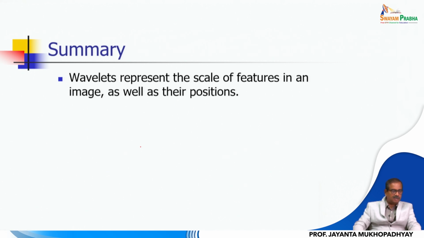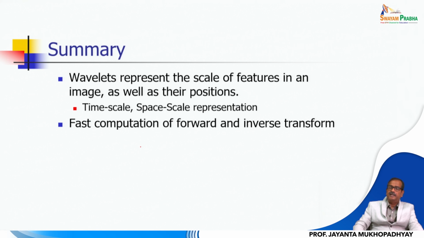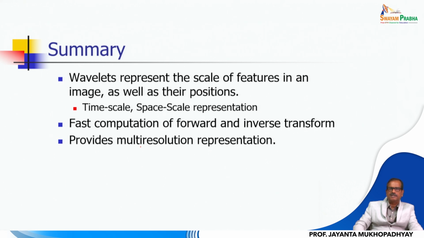The multi-resolution property of the wavelet transform is mostly used and very unique compared to other kinds of transforms. It has both time-scale and space-scale representations, and computation is also fast. Computations with the filters and convolutions can be carried out using fast methods, so we have a fast forward and inverse transform.